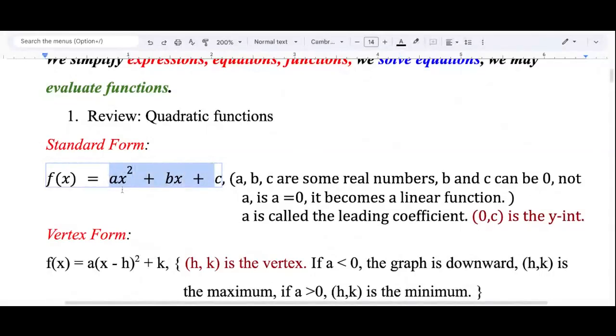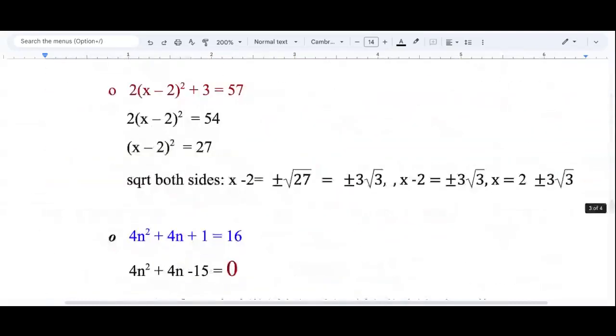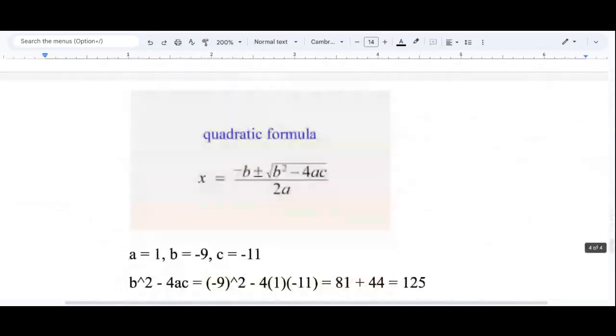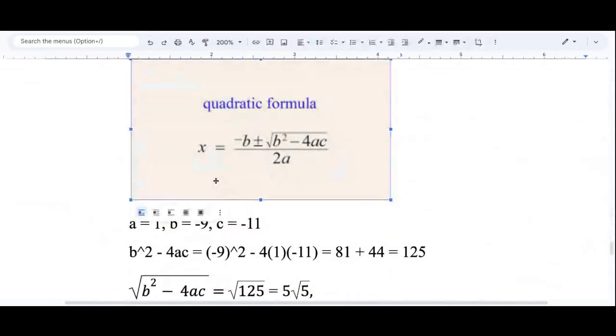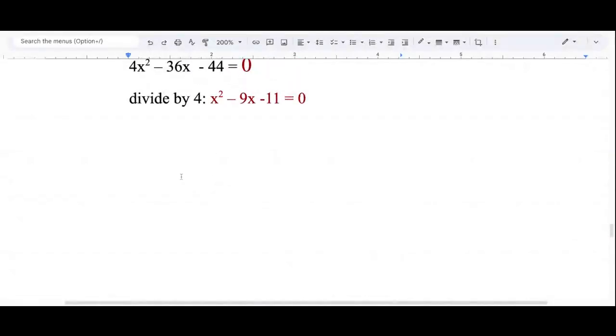So the quadratic formula is probably the simplest one. You just want to put the equation into a standard form, ax squared plus bx plus c equals 0. It has to be this form. Let me write on this side.